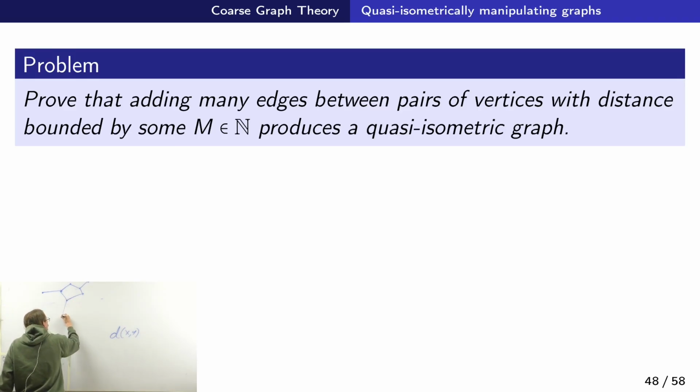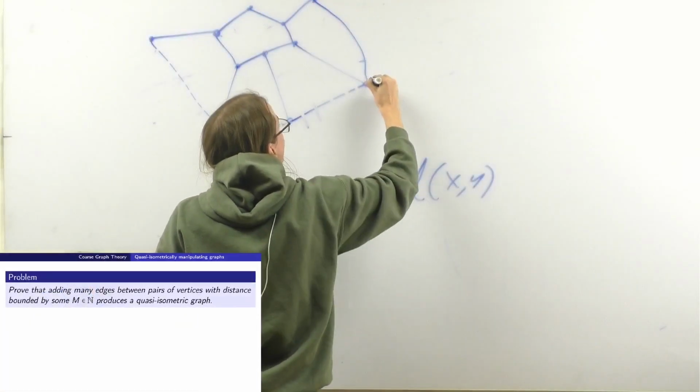So here I have a graph, and I'm going to pick a pair of points on it whose distance is at most m, and we're going to add an edge. Maybe these dashed edges are the edges that exist in my new graph, but not in my original one. Then I'm going to pick some other points, maybe these two, and add an edge. And then maybe these two, and add an edge.